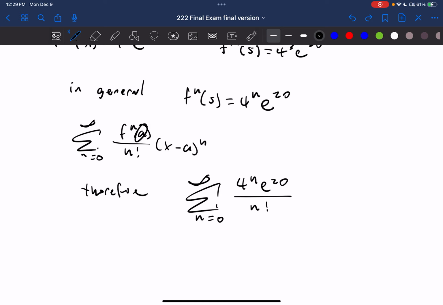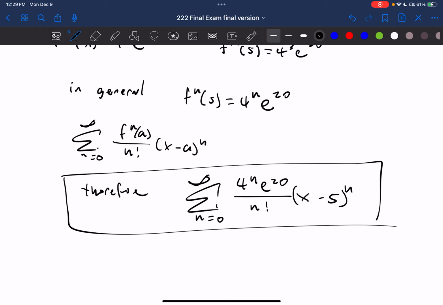A is going to be equal to 5, so it's going to be x minus 5 to the n power. And this is our Taylor series, centered at a equals 5.